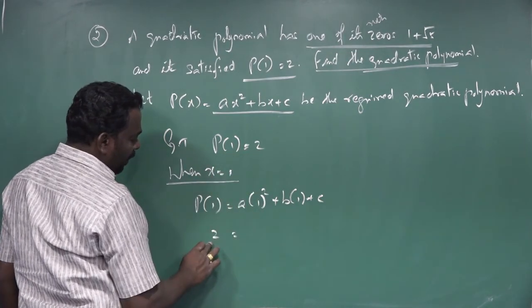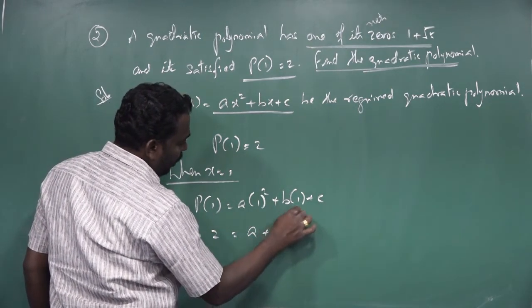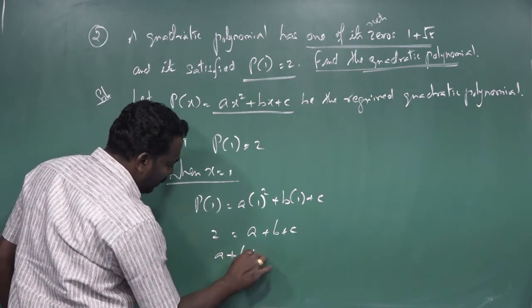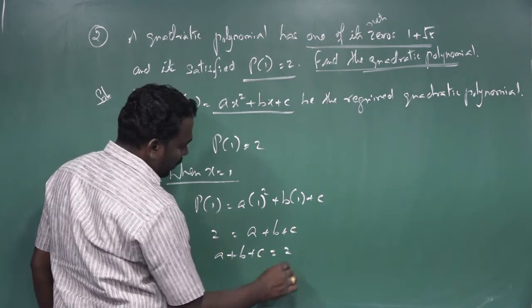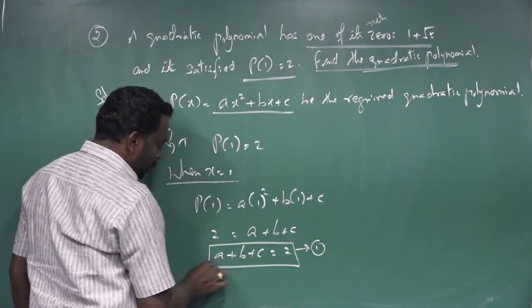P of 1 is given as 2, so a into 1 plus b into 1 plus c. Therefore a plus b plus c equals 2. We call this equation 1.